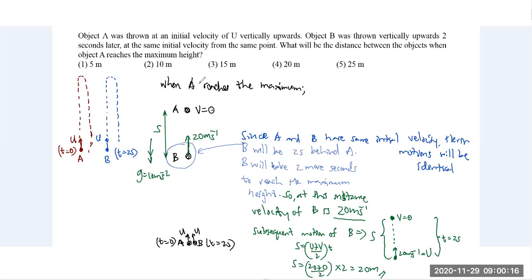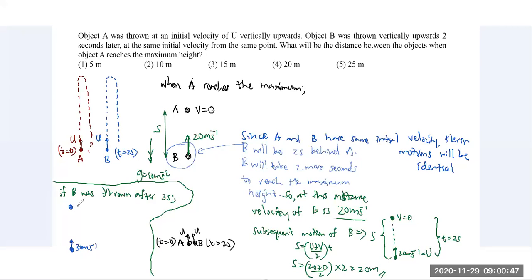If they make this 3 seconds, then what will happen? If B was thrown after 3 seconds, the same thing, but now the velocity of B when A is at the maximum height would be 30 meters per second.